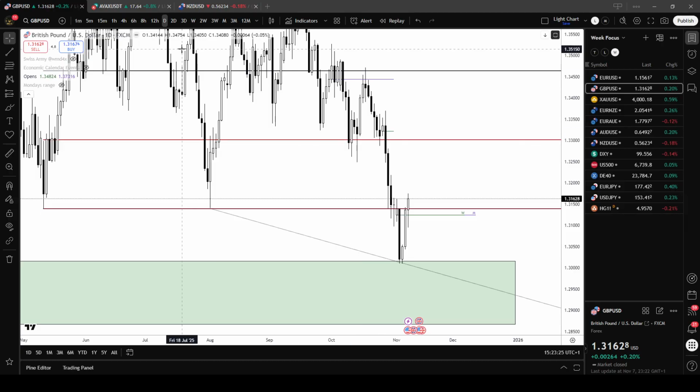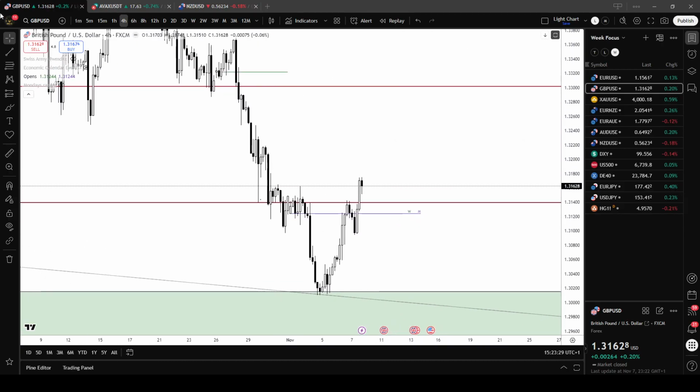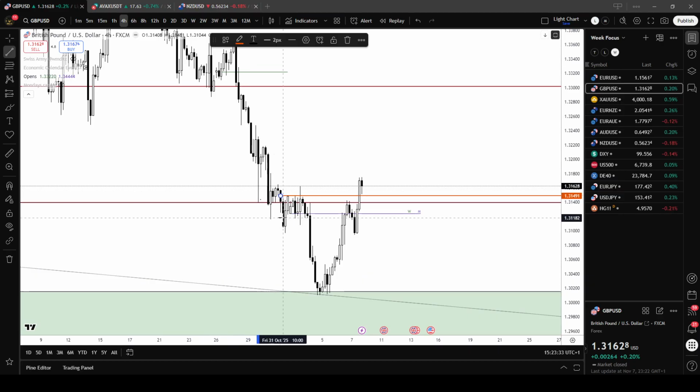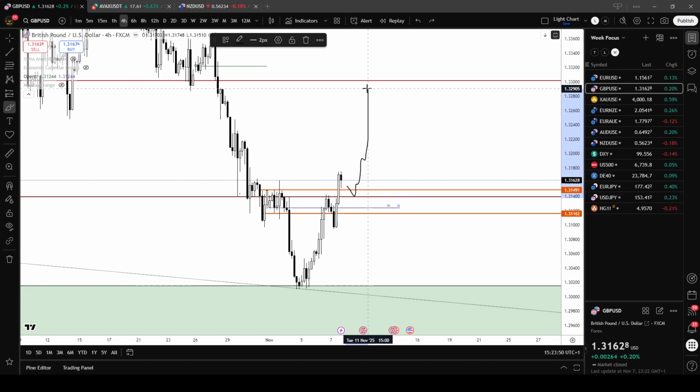Moreover, if we look at the GBP, I love this pattern, which is you make a range here and you break down. This is the origin of the breakdown. If price comes back into the range and finds acceptance, probably gonna shoot off in the opposite direction, which is to the upside.